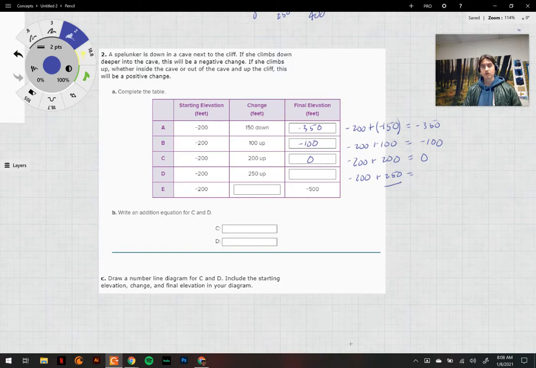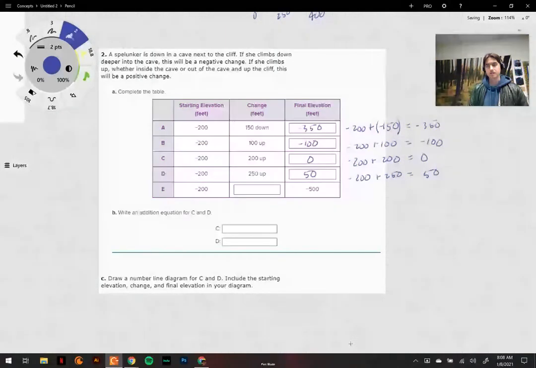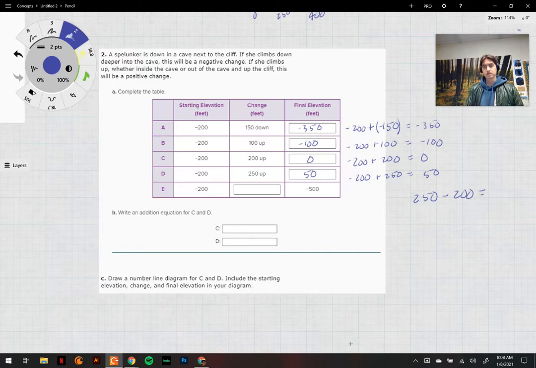Since 250 has the larger magnitude, my answer is going to be positive, so it's going to be positive 50. It's positive 50 because I can take the difference between the two. So 250 subtract 200 gives me 50. And since this has a larger magnitude and it's positive, my answer is positive.